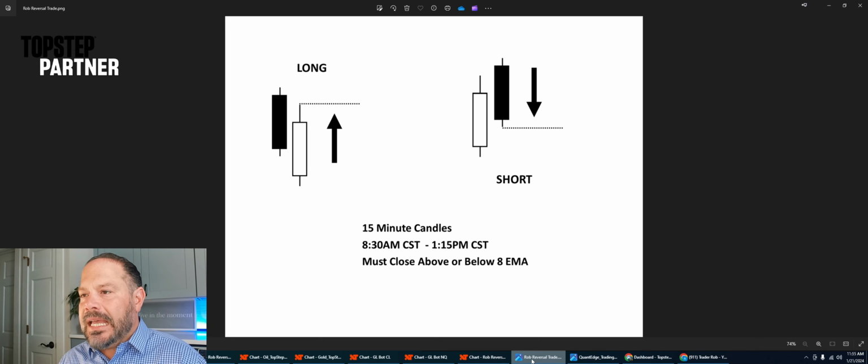So I then started to mess around with the different time frames. And the one thing that I found was on the 15-minute candles, specifically in the NQ, this trade setup was able to find momentum.